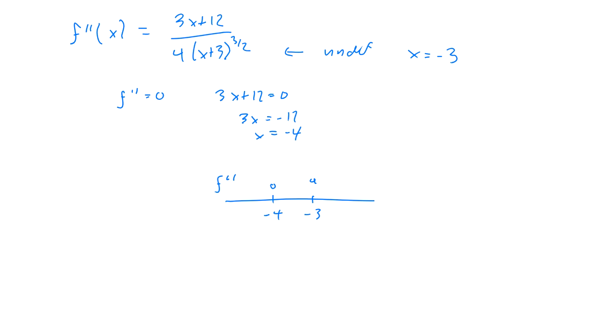Now, -3 is actually not the location of an asymptote, because if you look at the original function, ooh, there's something I didn't know. I'm just noticing about the original function. I have x times the square root of x + 3. Notice that the function is defined at -3. When I plug in -3, I just get 0.